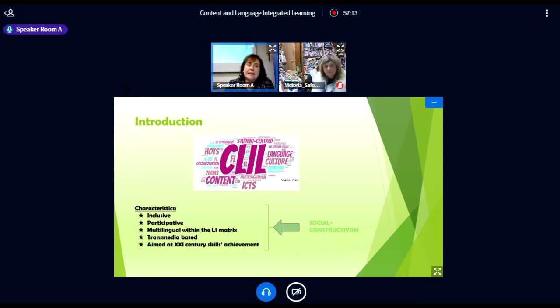All these characteristics are grounded in social constructivism, which is recognized at the base of CLIL, and which is the pedagogy most known in all European CLIL contexts.